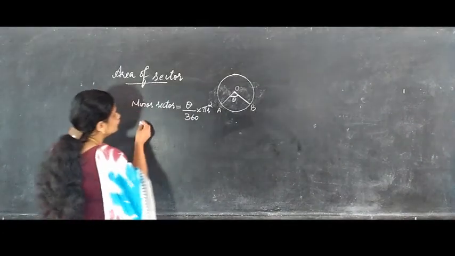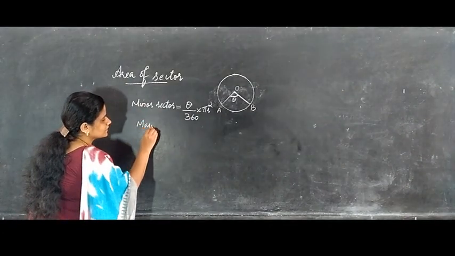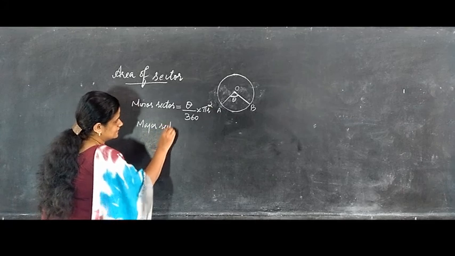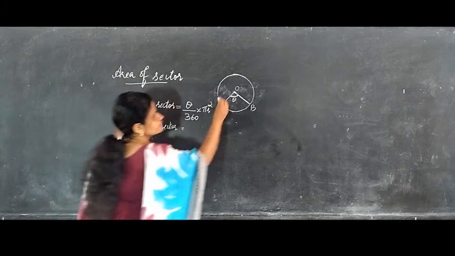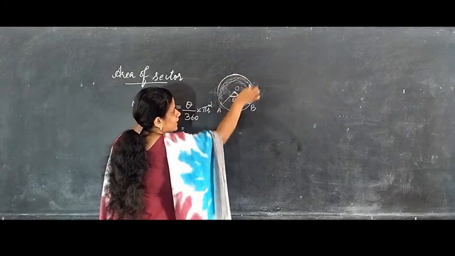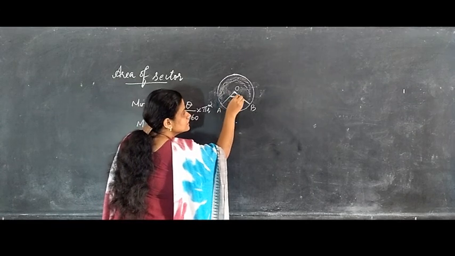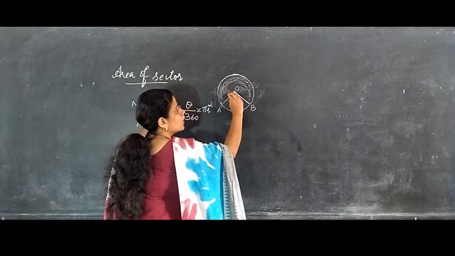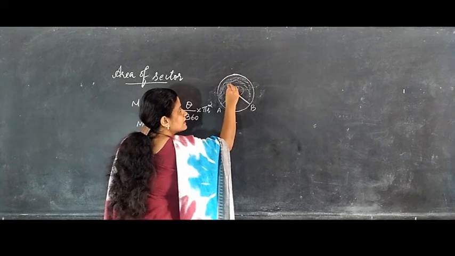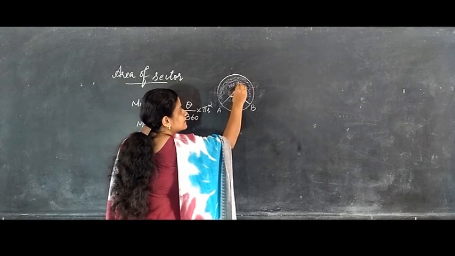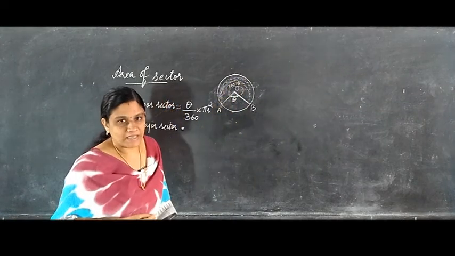Now for the major sector. So this is the major sector. Here the angle is theta. Then what will be this angle? It is 360 degrees minus theta.